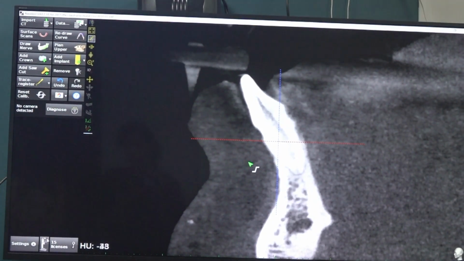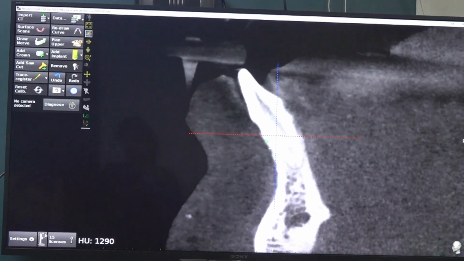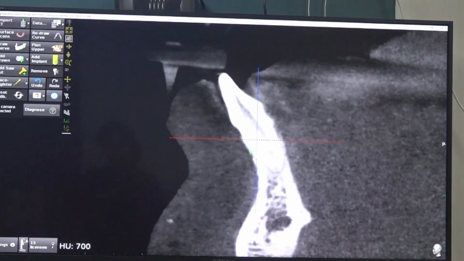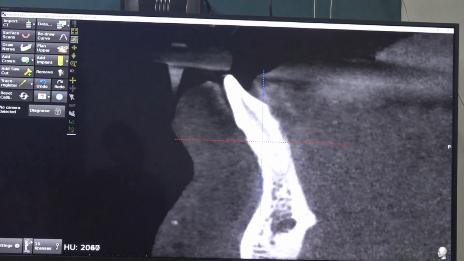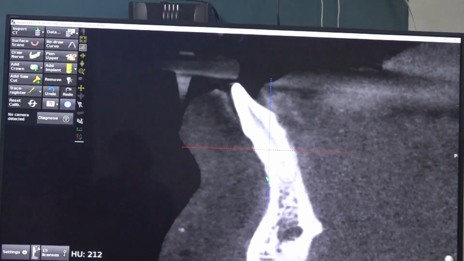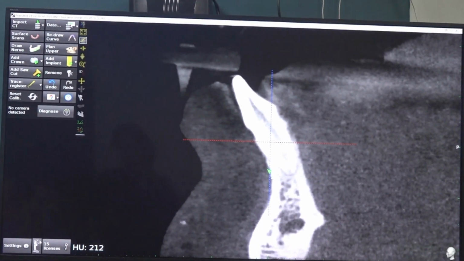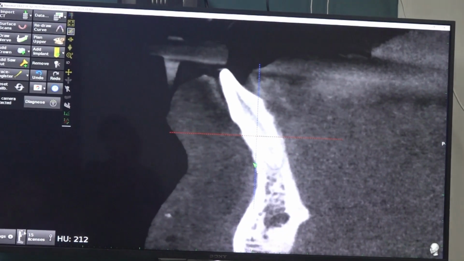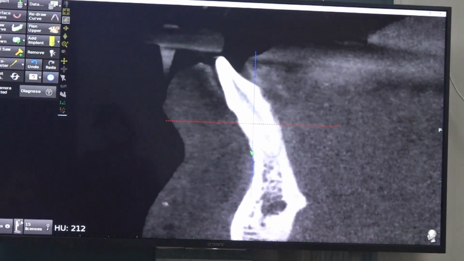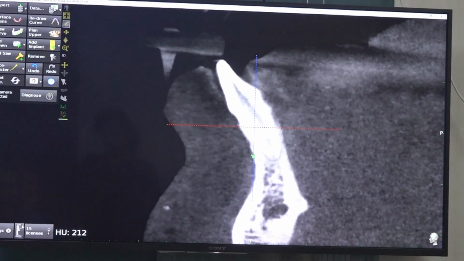So whether to choose basal or compressive depends on certain factors. For extraction cases, what I am telling is, if there is no labial plate but lingual plate is good, then you can go for basal, because if you put compressive, the threads will be exposed labially.